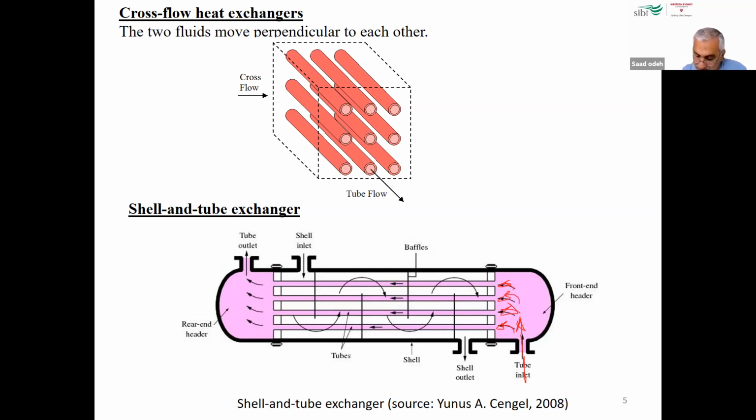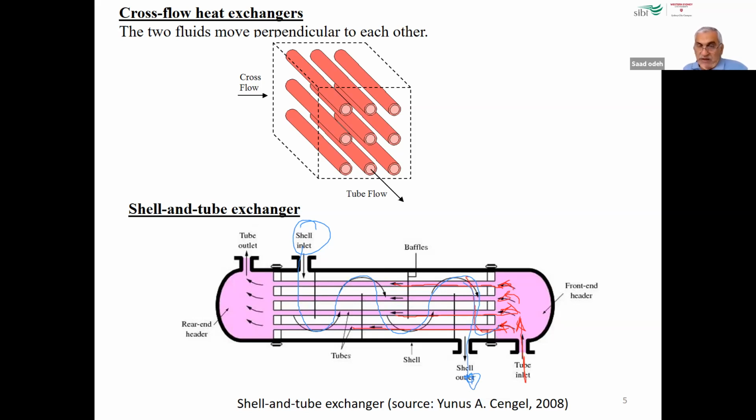We have small pipes here, and you can see the flow inside these pipes, while on the other side we have a different fluid coming from this side, going around the shell and leaving from this point.